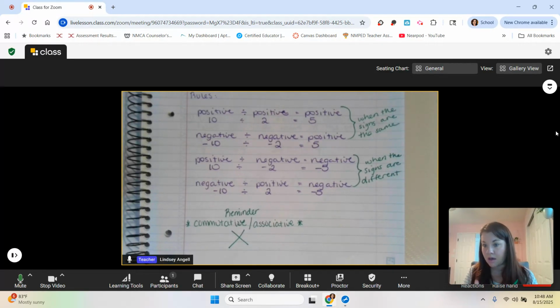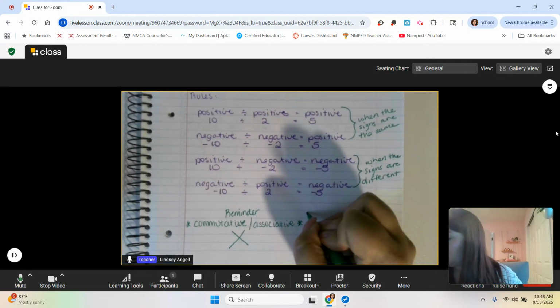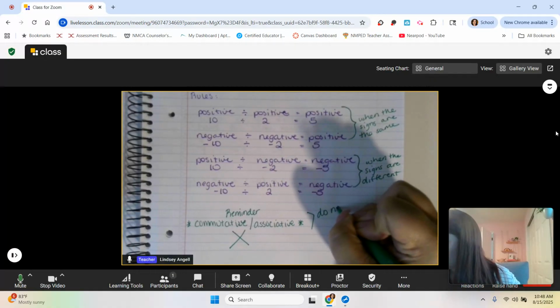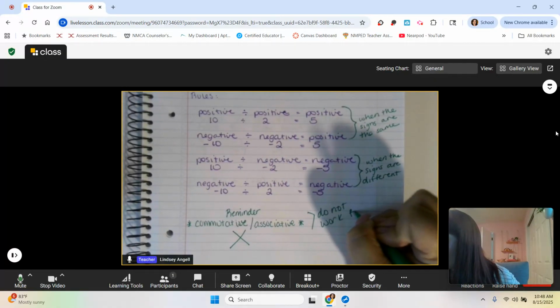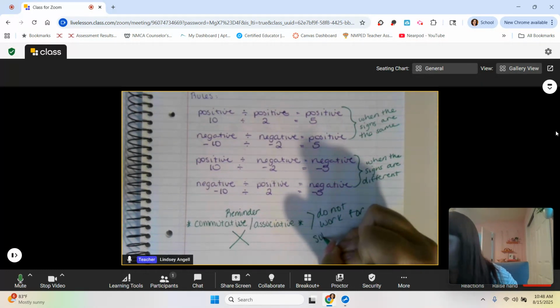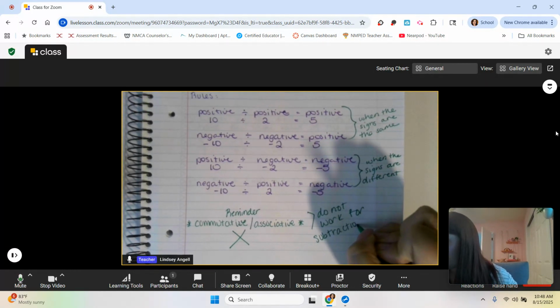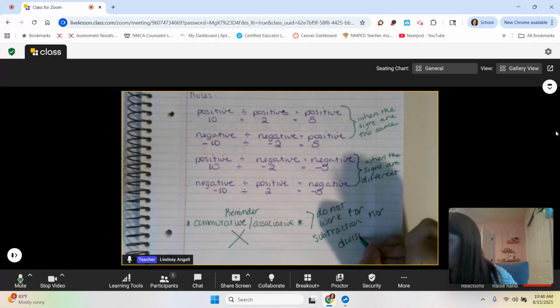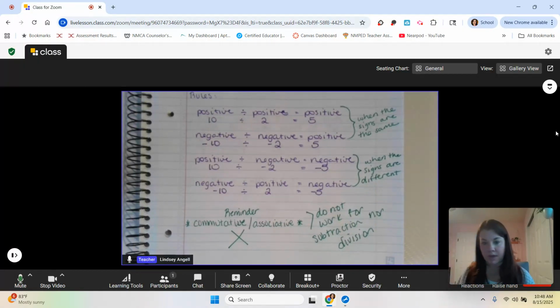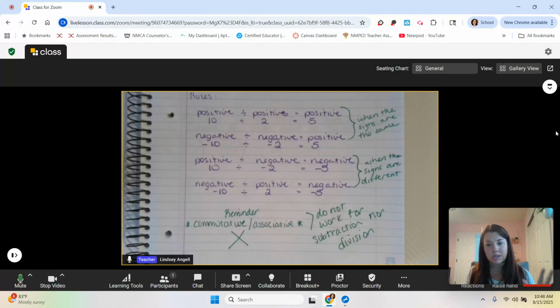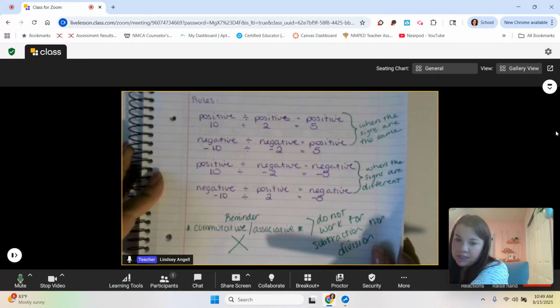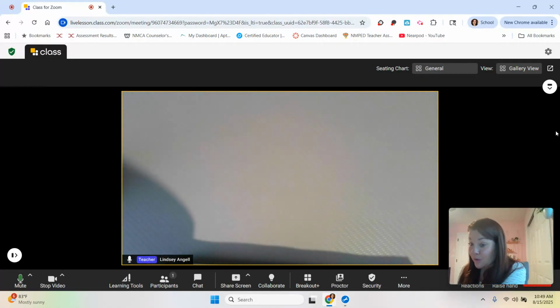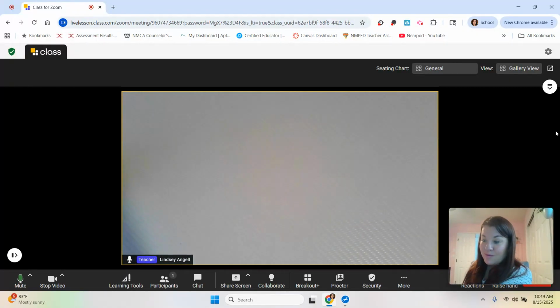That does not work for subtraction nor division. Okay? Does not work for subtraction and division. So keep that in mind. You can't move the order like you can with addition and multiplication. That's what that's getting at. And there's a question about that on your quick check, so make sure that you remember.